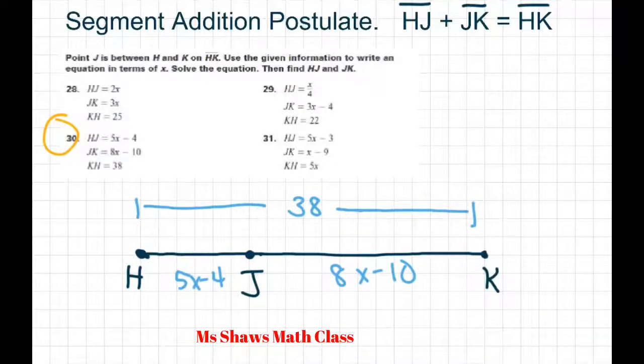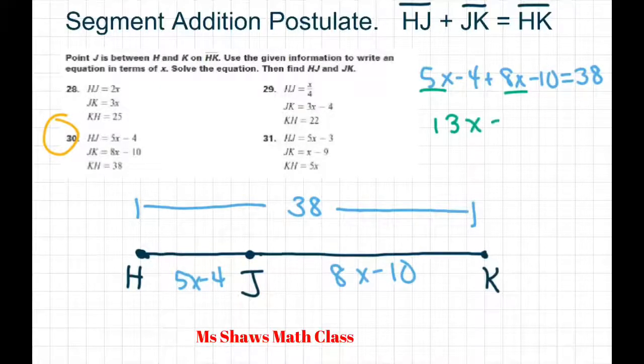So substitution-wise, we have 5x minus 4 plus 8x minus 10 equals 38. Adding my like terms, we have 13x minus 14 equals 38.